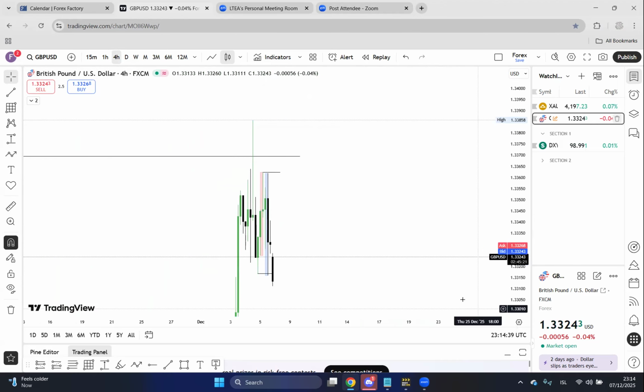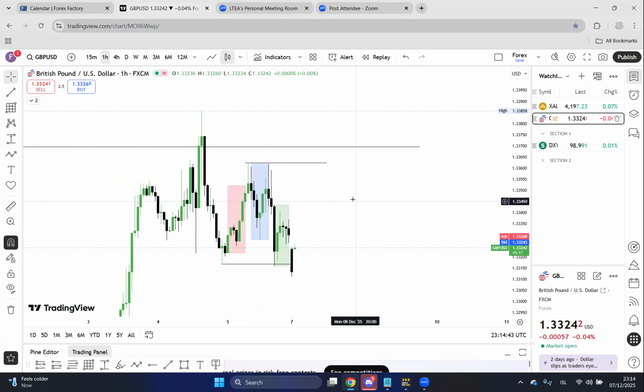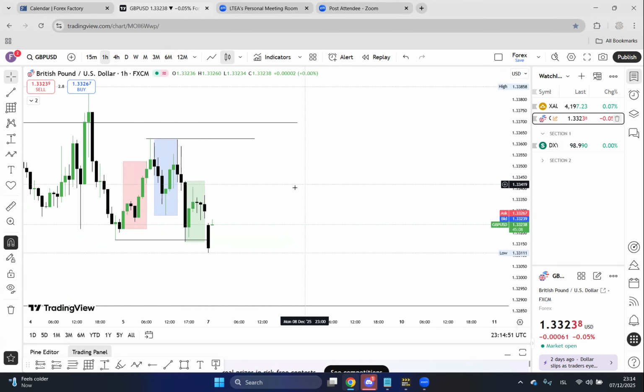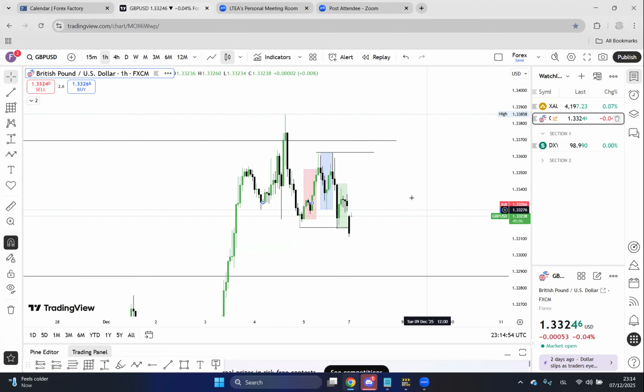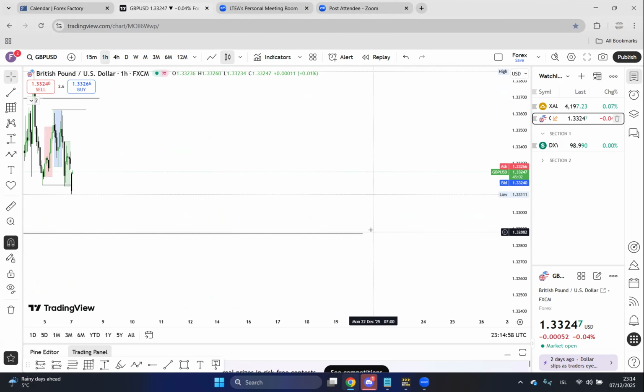Around this level, let me see the 1 hour, what we have around this level. Yeah, we have this open and close on this area right here. But we will see what will happen if we sell first, doesn't matter, we are still going to trade.